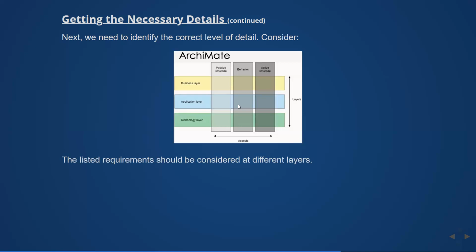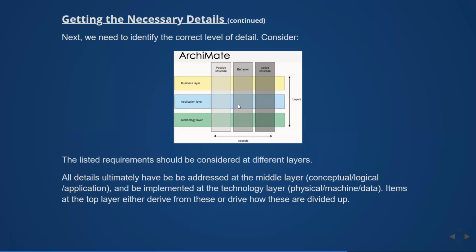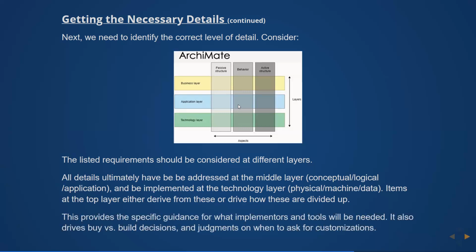So you have to think about the requirements at all the layers in the right way. So you have to figure out what needs to be done in the middle and how it's going to be done in the bottom, and who's going to do it and be responsible in the top. I'd like to start by solving the problem in the middle and work out both up and down from there.